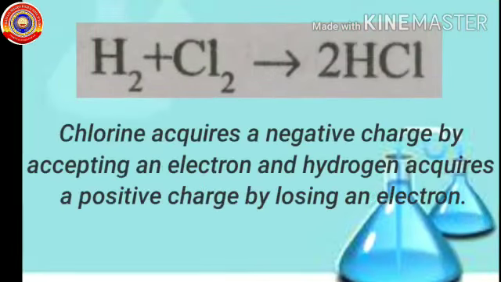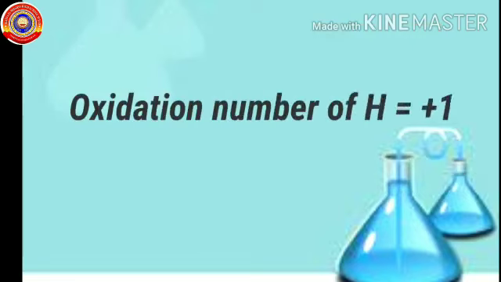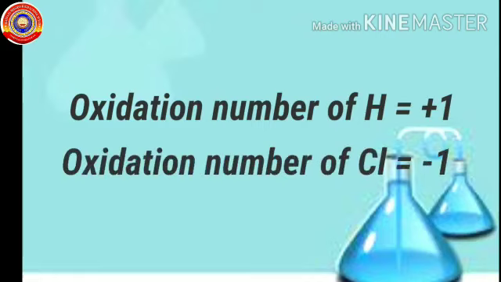In the formation of HCl, it is assumed that chlorine acquires a negative charge by accepting an electron and hydrogen acquires a positive charge by losing an electron. Therefore, the oxidation number of hydrogen is taken as +1 and that of chlorine as -1.